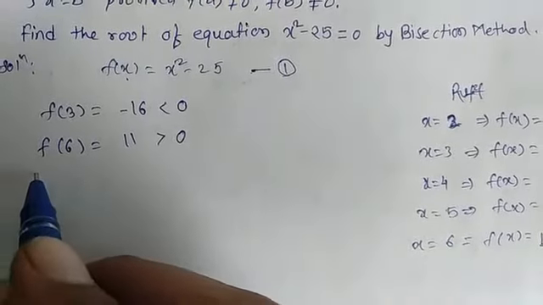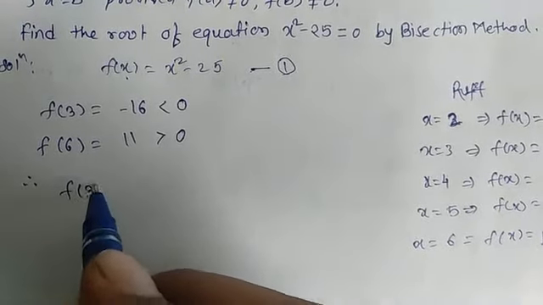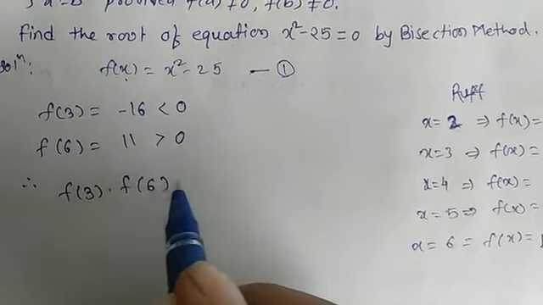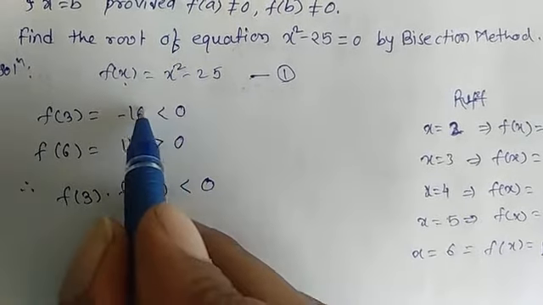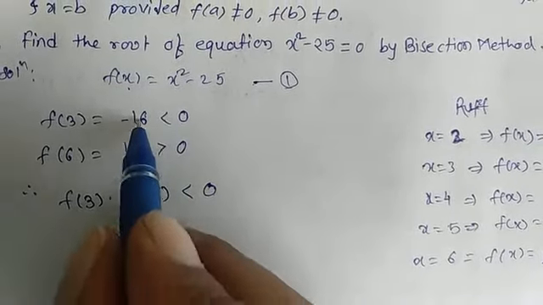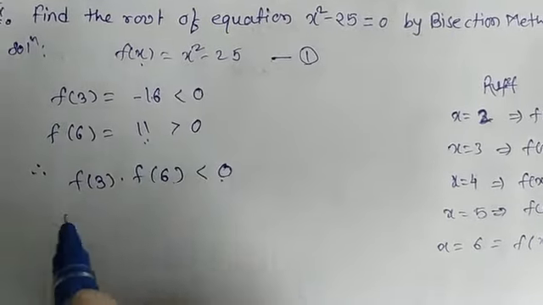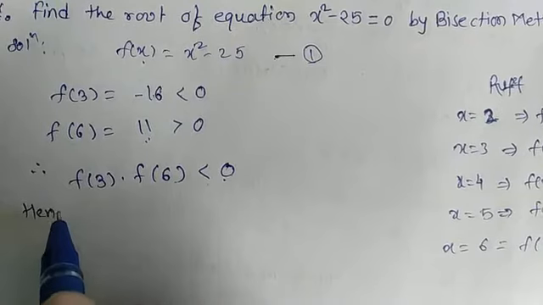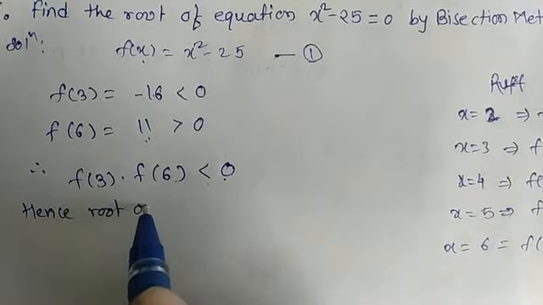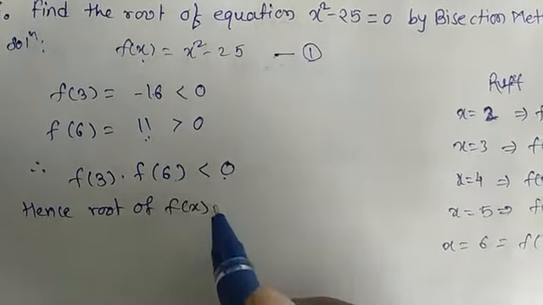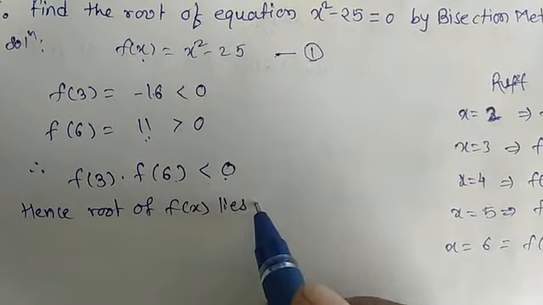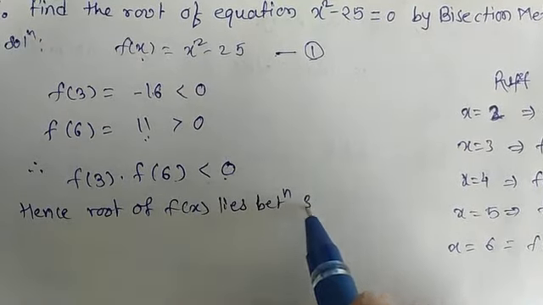So you can say that f of 3 into f of 6 is less than 0, because here it is negative and here it is positive. The product of these two will be negative, so it will be less than 0. Hence the root of f of x lies between 3 and 6.